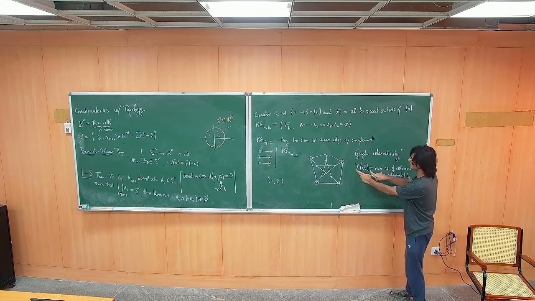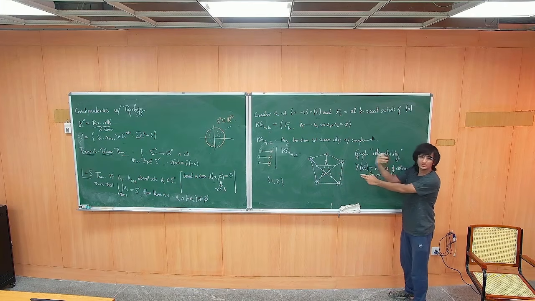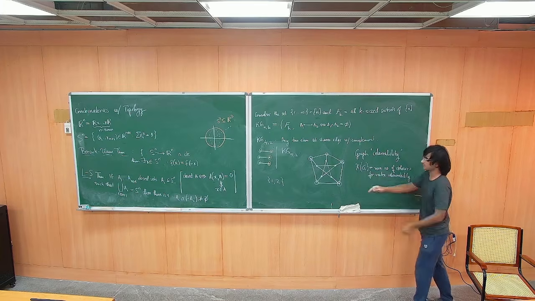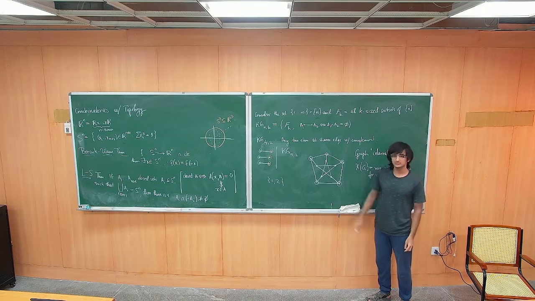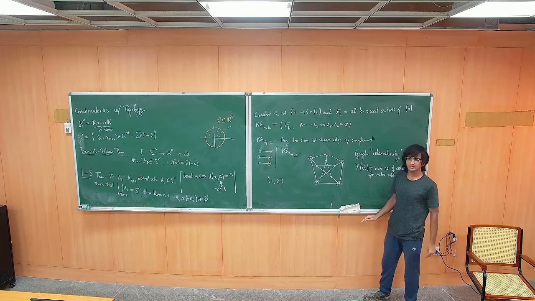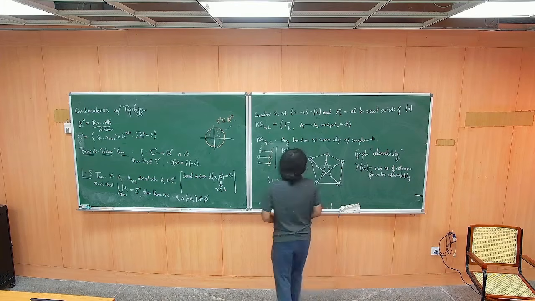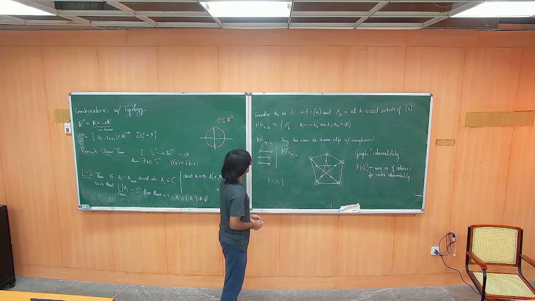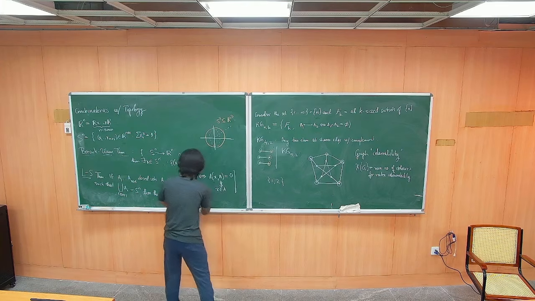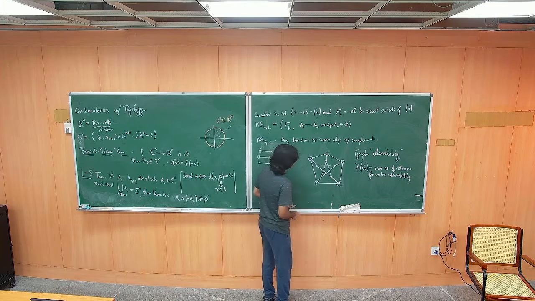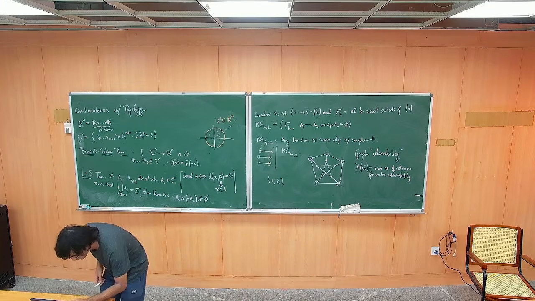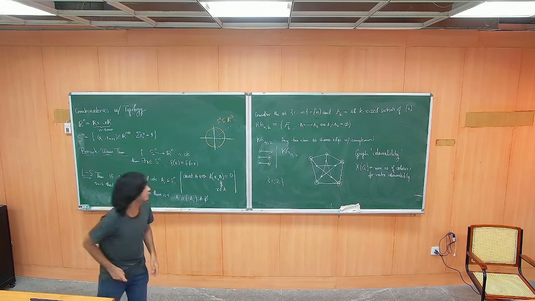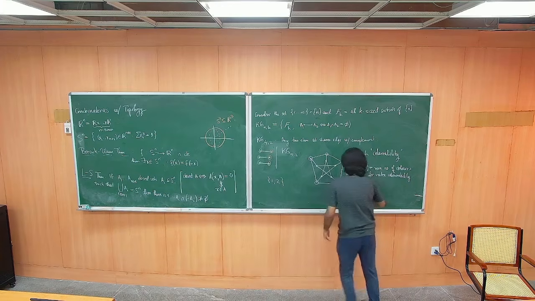This is called the chromatic number, the minimum number of colors. So you definitely need 3. Can you do it in 3? Yeah, you can do it.